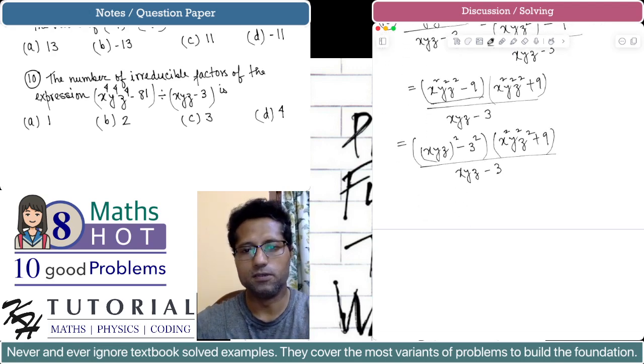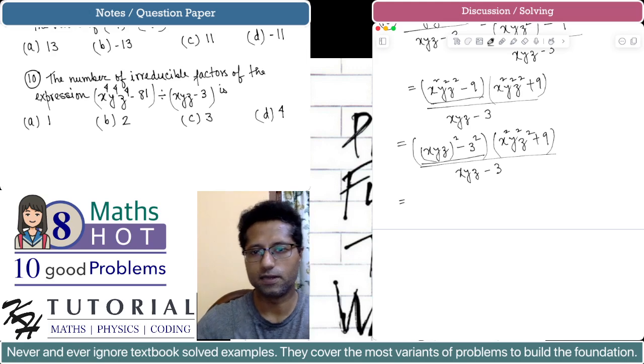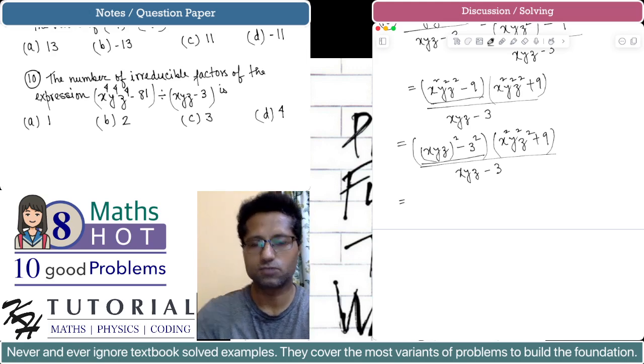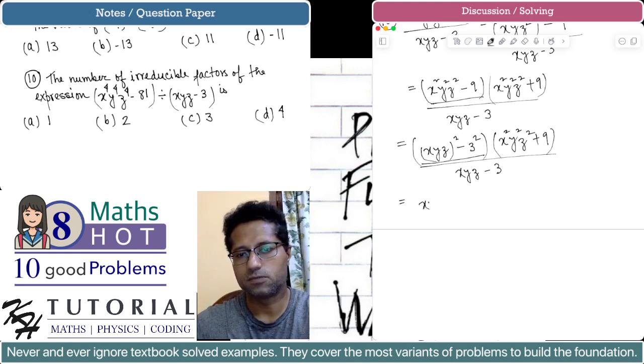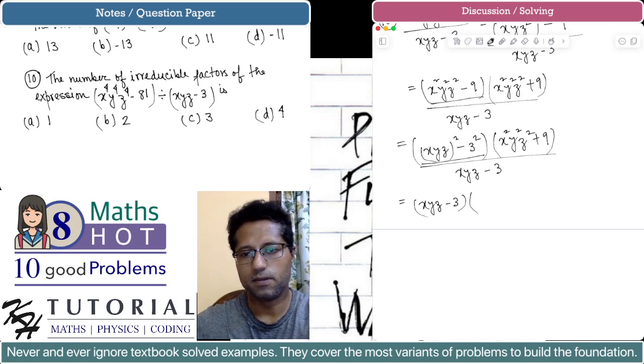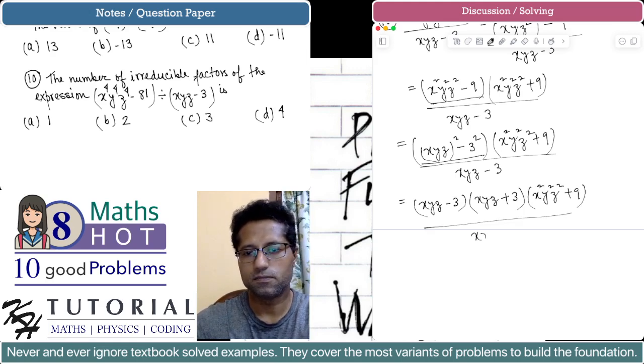Now this part, when further factorized, is in the form a square minus b square. So if we factorize that, it will be xyz minus 3 multiplied by xyz plus 3, and we have x square y square z square plus 9 divided by xyz minus 3.